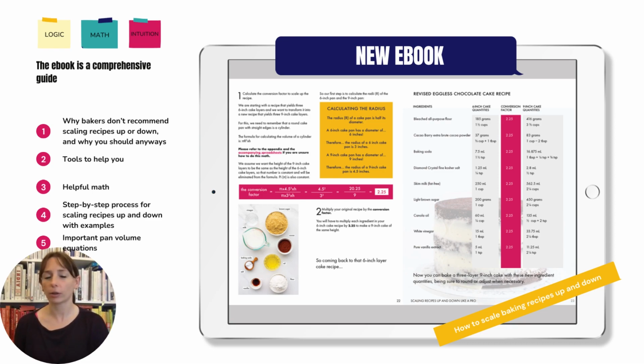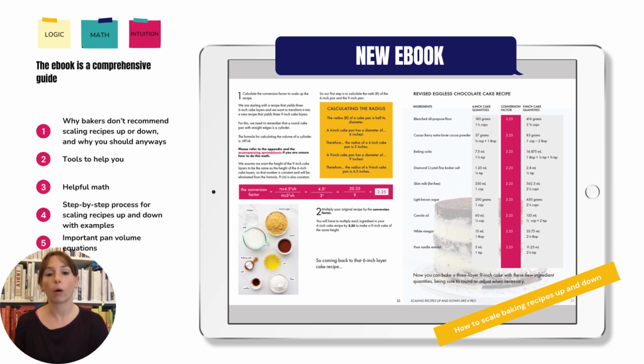They tell you not to do this math, and they tell you it's going to get messed up, which does happen sometimes, but I've set out a step-by-step process for you to follow so that you can be successful at increasing and decreasing batch sizes, swapping cake pans from smaller to bigger or bigger to smaller, and to allow you to become more flexible in the kitchen with your baking recipes so that you don't have to just stick to making a recipe that makes 12 dozen cookies. Maybe you don't want to make 12 dozen cookies and you only want 6.